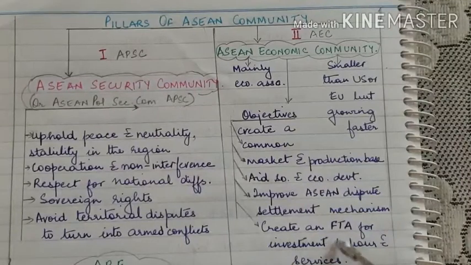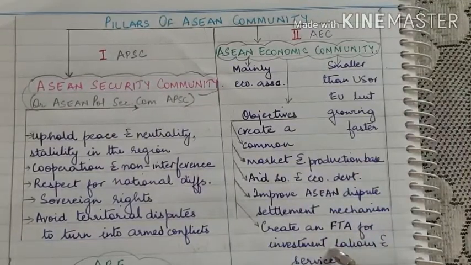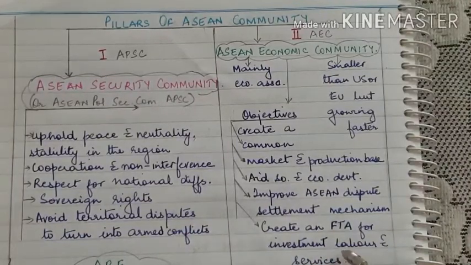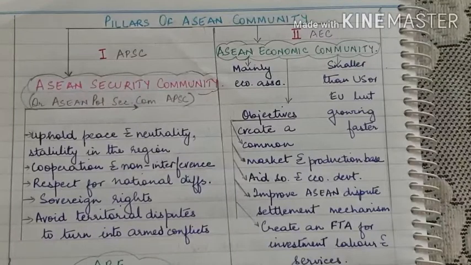I have already told you, create an FTA for investment, labor and services, that is AFTA, the ASEAN Free Trade Area, and this would be with the help of USA, China and WTO. WTO is the World Trade Organization. That was the main agenda of the ASEAN Economic Community.